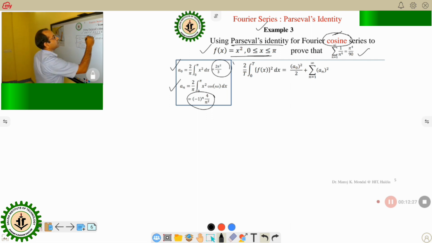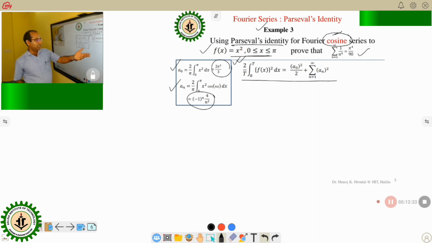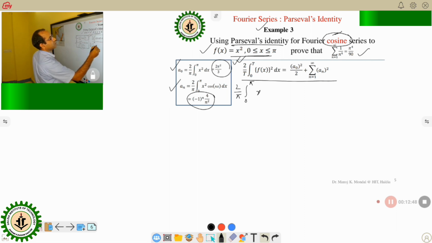So for Parseval's identity for the cosine series, this is the formula, as we know from the first slide. Just we put in the values. Here the interval is 0 to pi, so 2 by pi integral 0 to pi f(x) whole square. f(x) is x square, whole square means x to the power 4, dx.